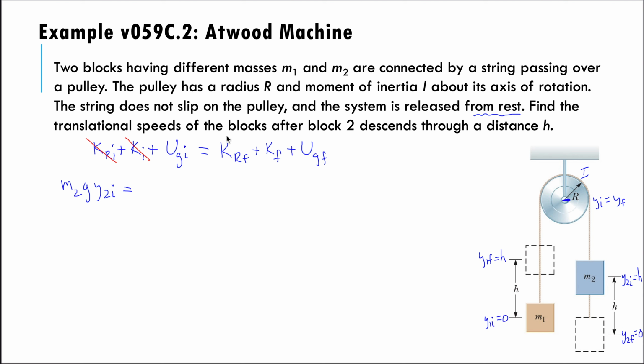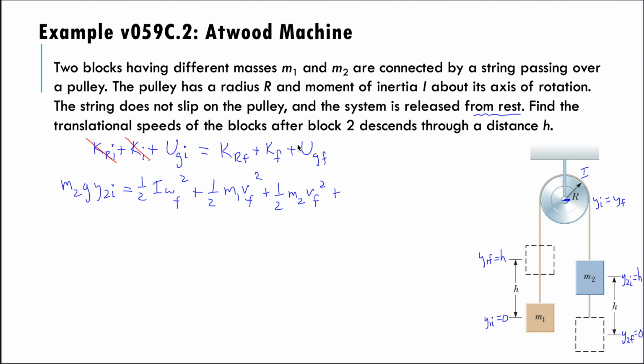The rotational kinetic energy is just going to be for the pulley, 1/2 I omega final squared. The translational kinetic energy is going to be for mass 1, 1/2 m1 v final squared, plus 1/2 m2 v final squared. Notice we don't have to put v1f and v2f because they have the same speed since they're connected.